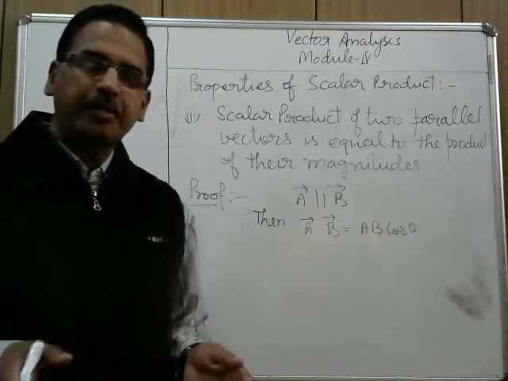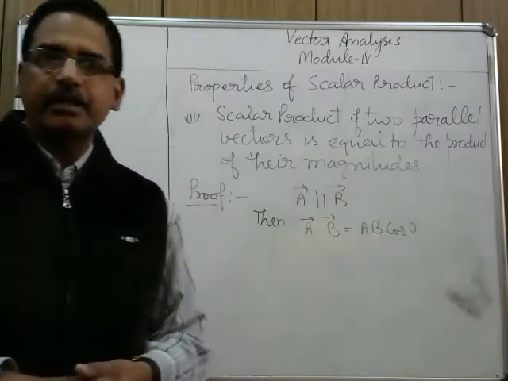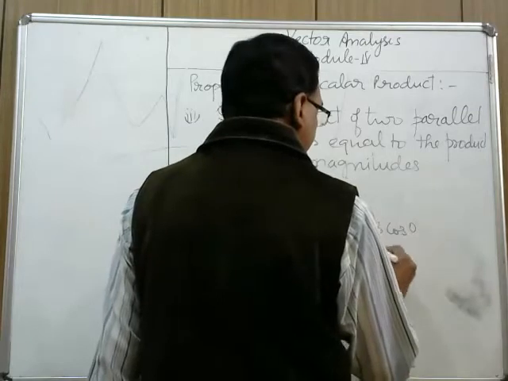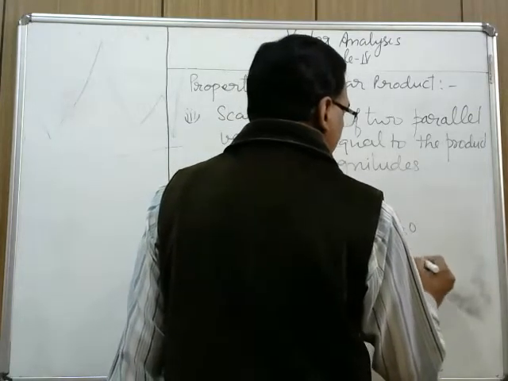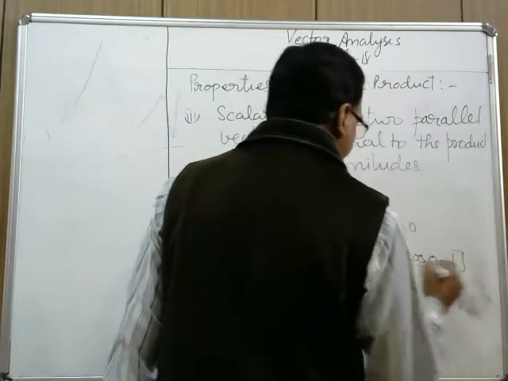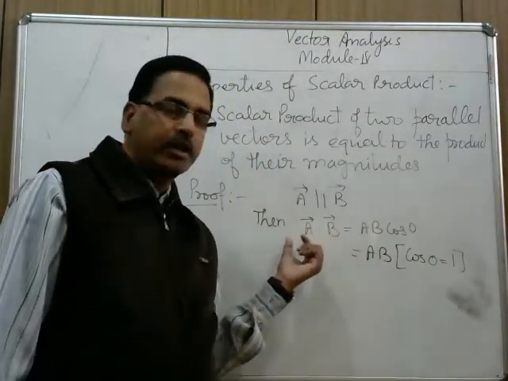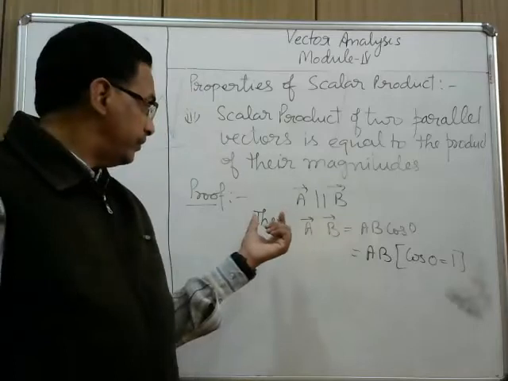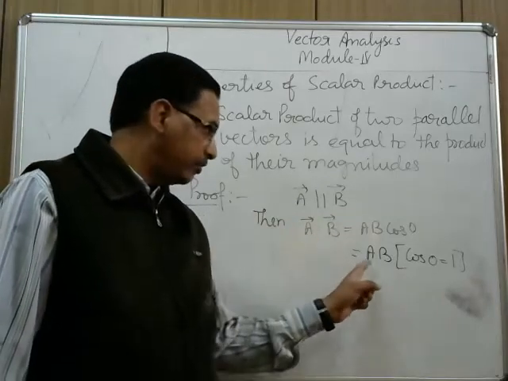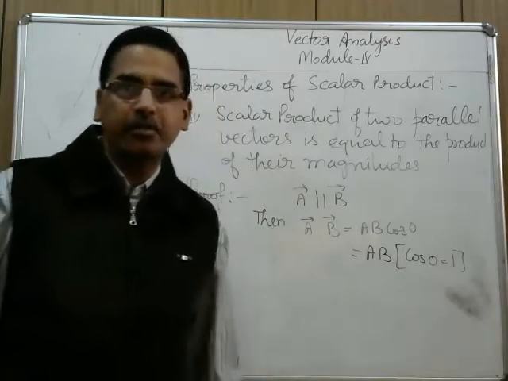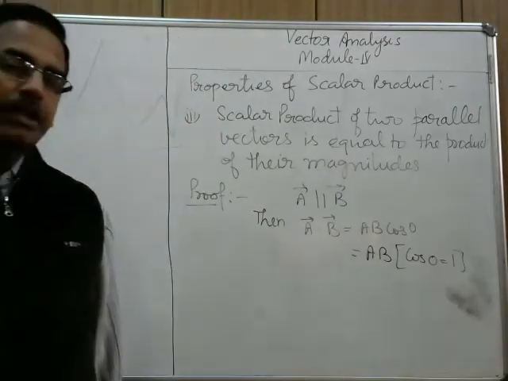Now this equals AB cos 0, as you know, this is 1, so this is equal to AB. Now you can see the scalar product of two parallel vectors is equal to the product of their magnitudes, because A and B are the magnitudes of vectors A and B respectively.